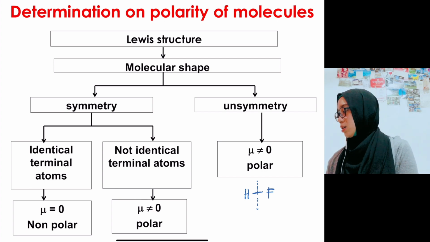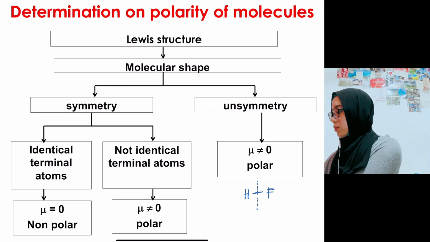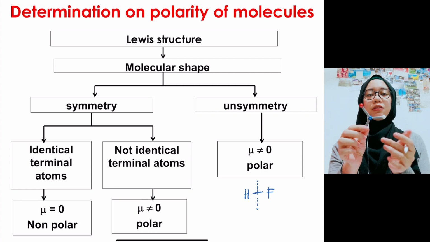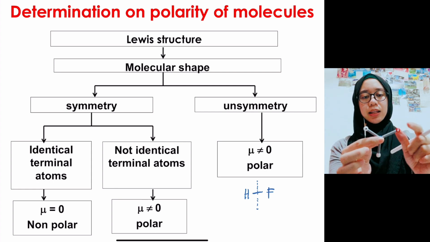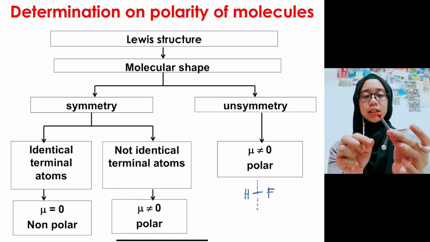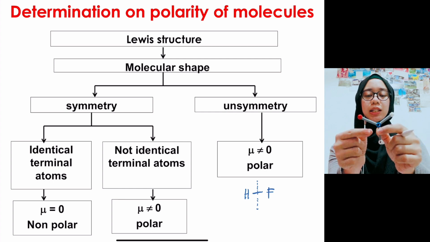Maksudnya macam ni ya. For example, let's look. Miss harap kamu boleh nampak ni, kita ada trigonal planar. Tapi as you can see, biru ni adalah central atom.